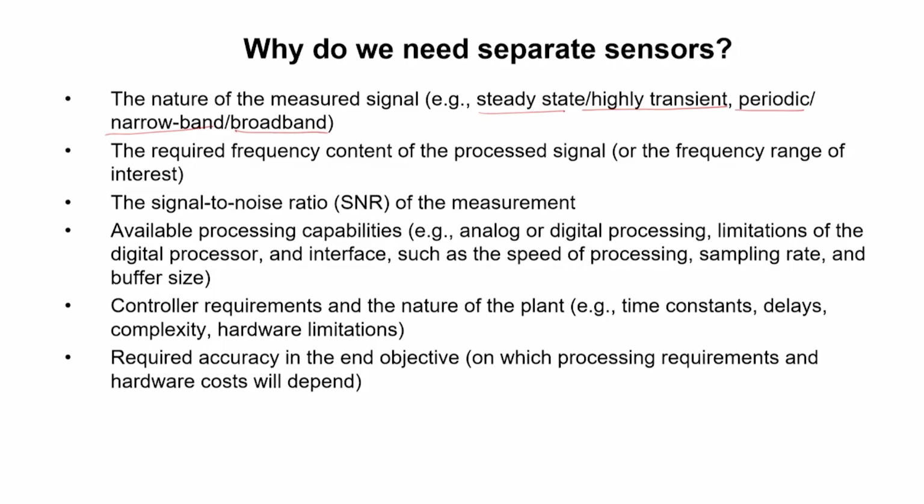Then the required frequency content of the process signal will many times also be of interest to us. Usually a signal will be in, let us say, the time domain. So, this is time, and let us say something like a voltage, and you will get some signals out of it.